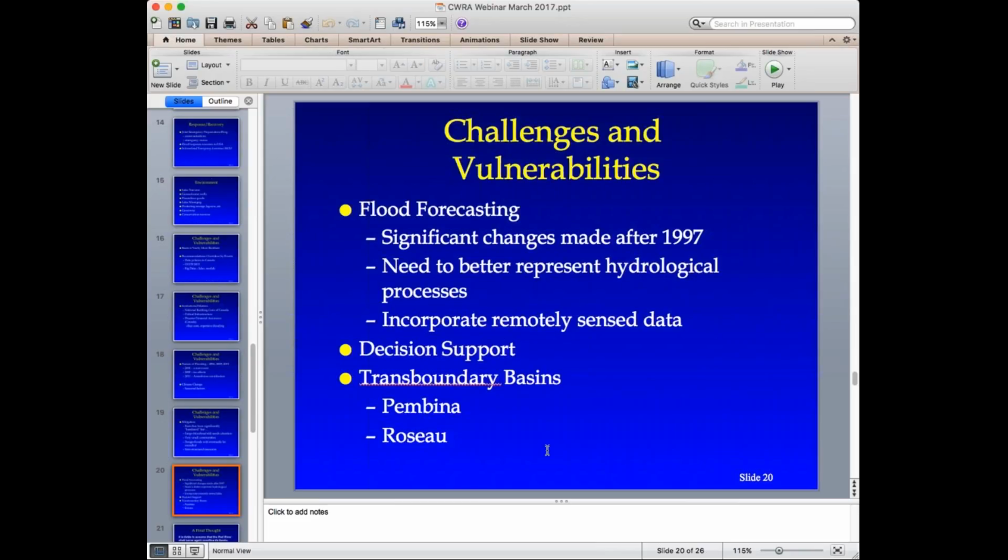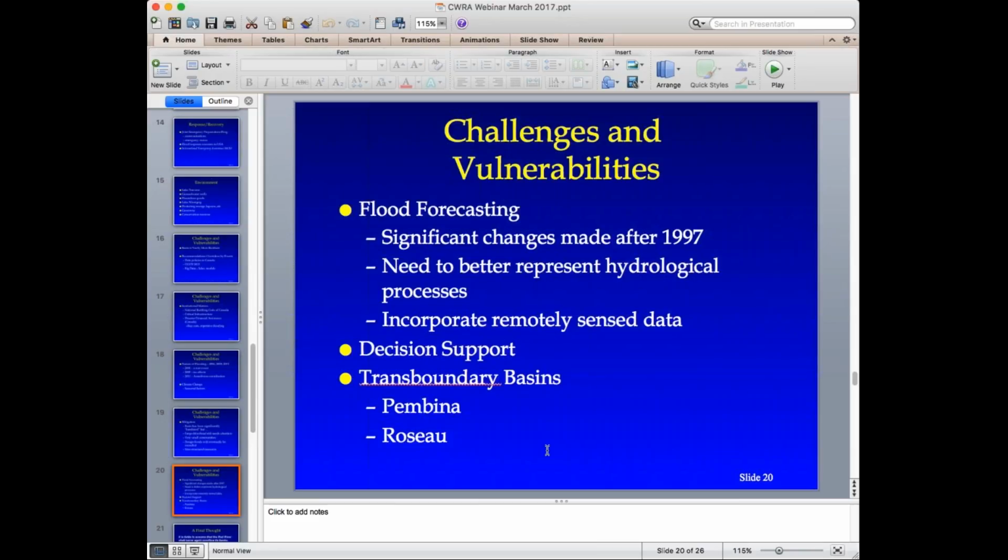And the Pembina River basin has been the subject of a long and contentious dispute between Manitoba and North Dakota. The basis of the dispute is what's known as the road dike in Manitoba along the international boundary. I guess it's a dike if you're North Dakotan, it's a road if you're Manitoban.